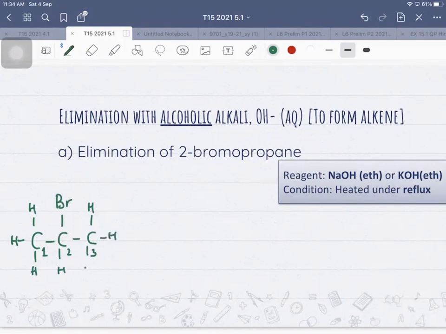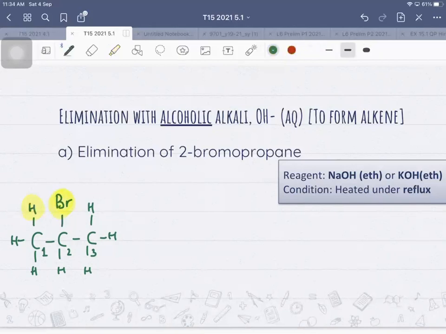So during an elimination reaction, you will most importantly lose the bromine first. Okay, so bromine is on carbon number 2. So now you have a choice between carbon number 1 and carbon number 3. But in this case, carbon number 1 and carbon number 3 are actually the same. So I'm just going to lose the hydrogen from carbon number 1.